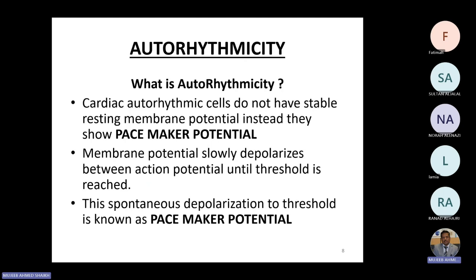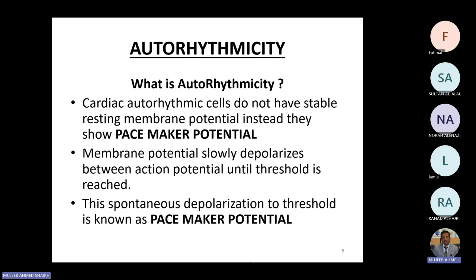What is more important in understanding this autorhythmic cell is why the SA node is the pacemaker. Why is the SA node a pacemaker? Because it doesn't have any stable resting membrane potential.